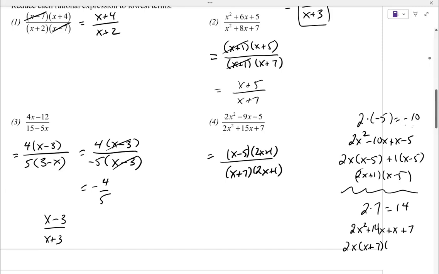And then again, we would do our factor by grouping and get our factorization. Do we see anything in common? The 2x plus 1, yep. And so then we divide those out and get x minus 7, or excuse me, x minus 5 over x plus 7.